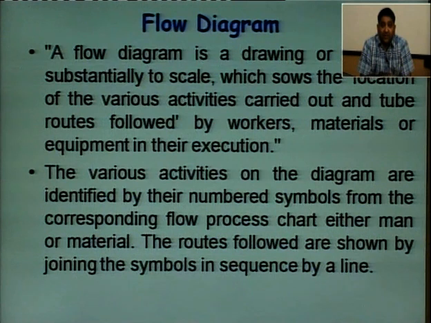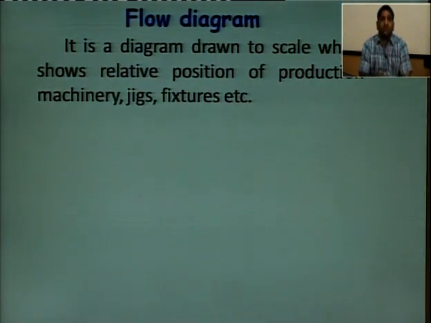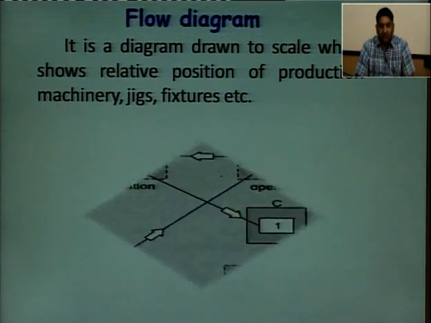The various activities on the diagram are identified by their numbered symbols from the corresponding flow process chart, either men or material. The routes followed are shown by joining the symbols in sequence by a line. It is a diagram drawn to scale which shows relative positions of production machinery, jigs, fixtures, etc.